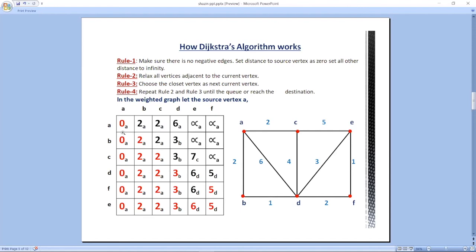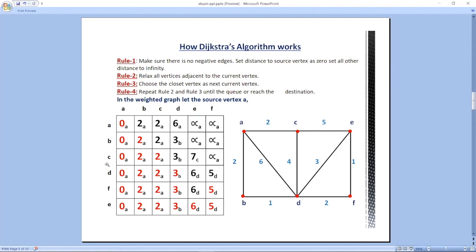Next, these two are visited, which I marked in red color, and from the unvisited part, we will check which vertex's value is smaller. Here we will see C is smaller because it is 2.